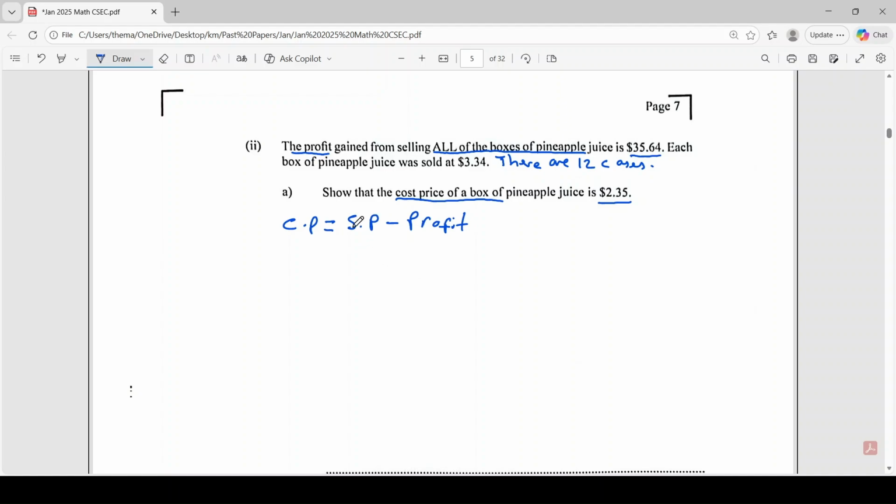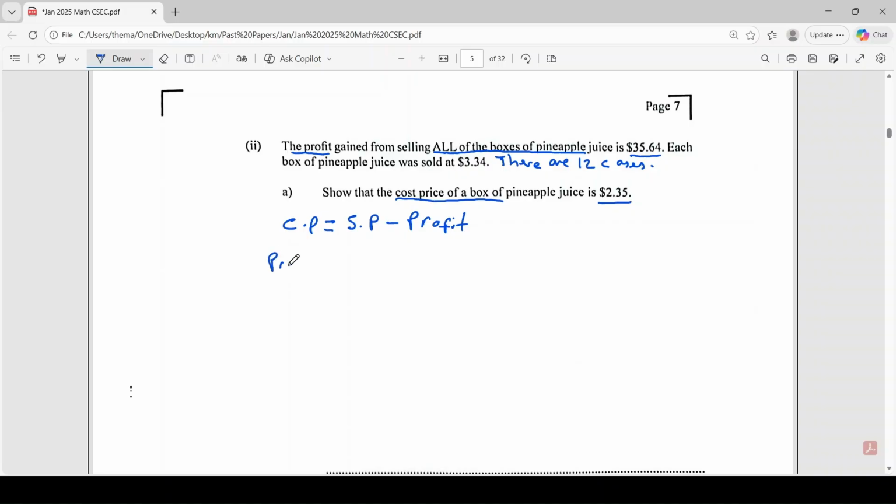How much you sell the item for, take away your profit from it, will give you how much it originally cost. Here they give us the profit for all the pineapple and the selling price for 1. So let's work out the profit for 1.